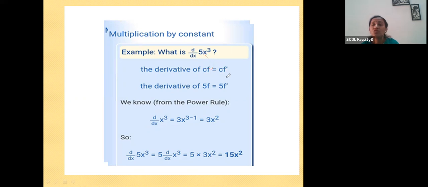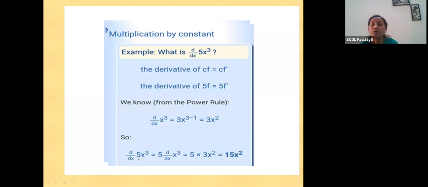So what is mentioned here is cf dash. F dash means you have to find the derivative of the respective variable. First of all, take the derivative of x cube. The derivative comes as 3x square. Then go with the 5.